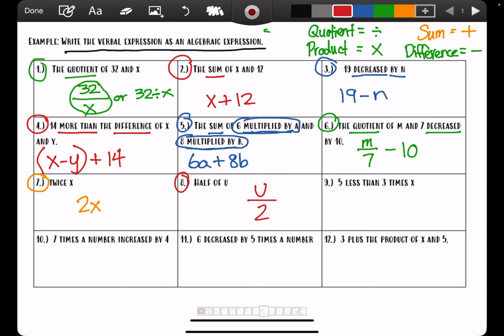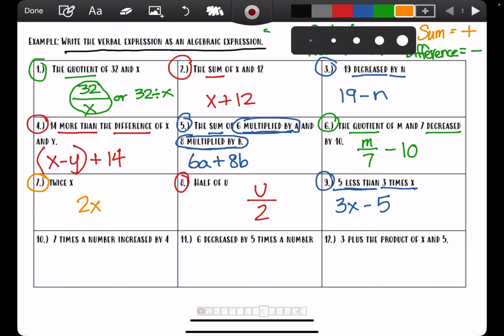If I have a portion of dinner and I ask for just half, they'll divide it into 2. So divide by 2, and then you have half of whatever you were dealing with. Number nine, we have 5 less than 3 times x. 3 times x is 3x, and 5 less than that means minus 5. So 3x minus 5 is 5 less than 3 times x.